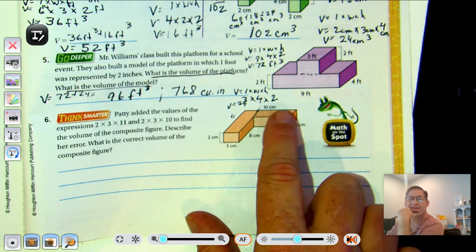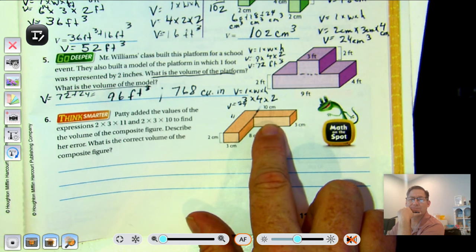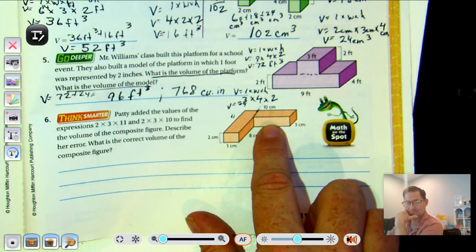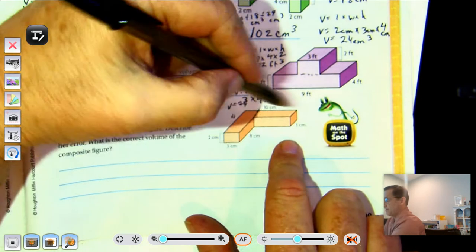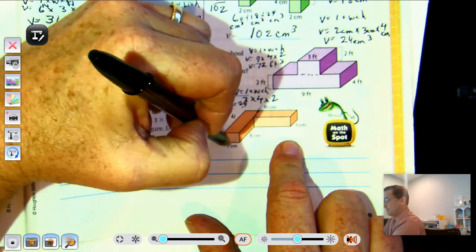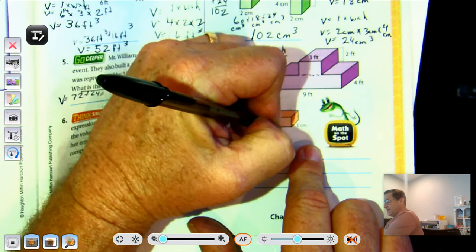There is 3 and there is 8, but this isn't 2. This would be 7. Because if this whole thing is 10, but this little piece is 3, this has to be 7 centimeters.